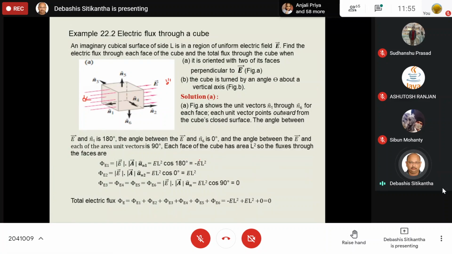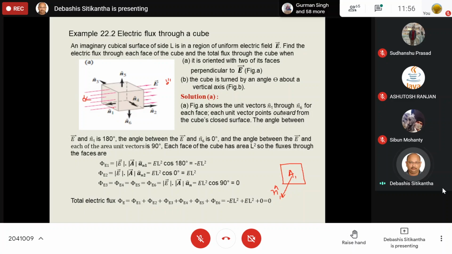So what does that mean? That means suppose this is your first side, this particular side given by N1 cap is area A1. It is telling that this is the unit vector N1 cap.